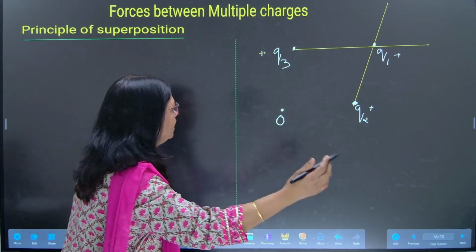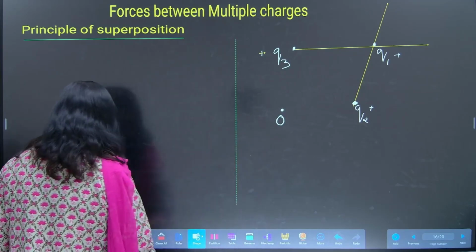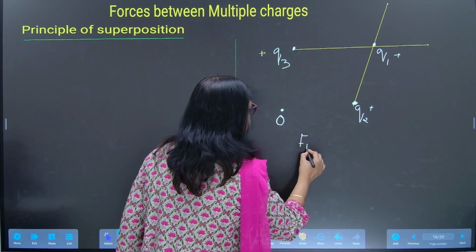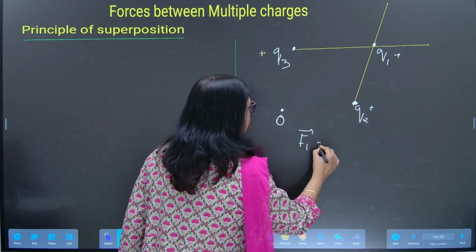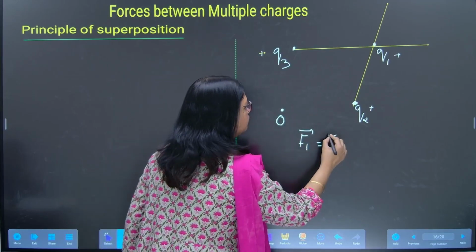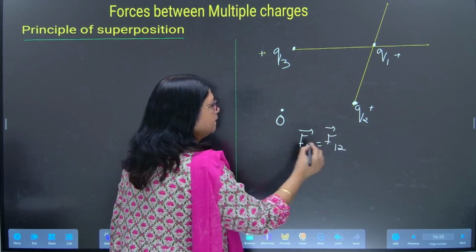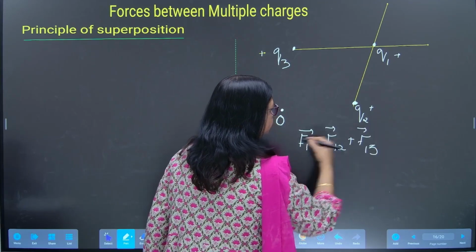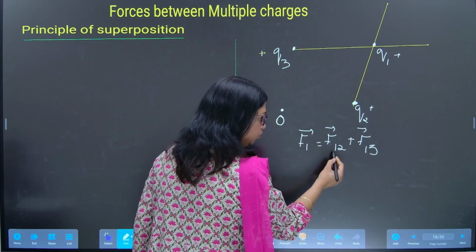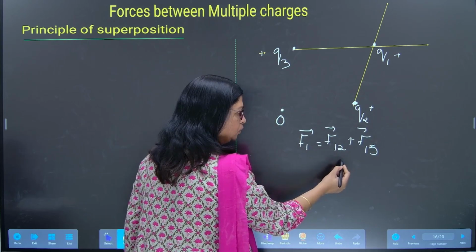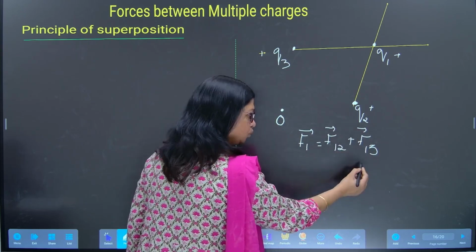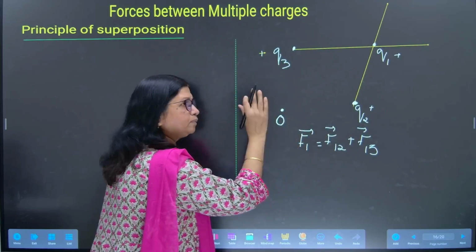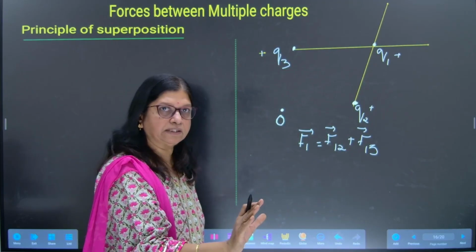So, for calculating the force on Q1, we have to write F1 vector is equal to F12 vector plus F13 vector. That is the force on Q1 due to Q2, and this is the force on Q1 only due to Q3. Force of repulsion, because both are positive charges.